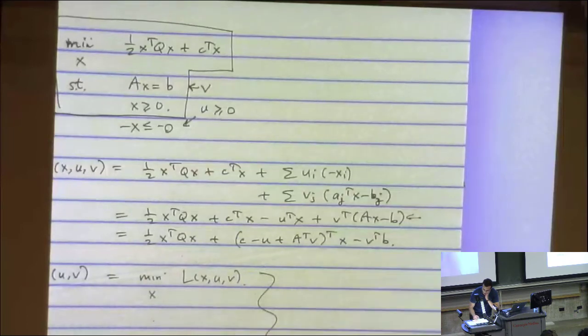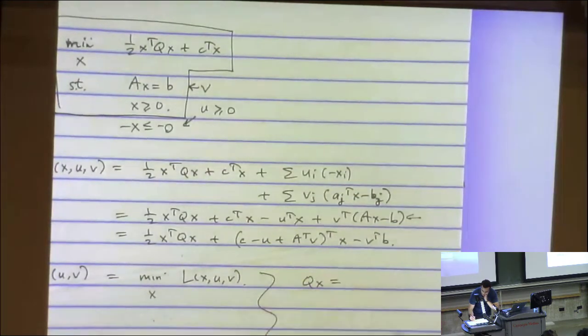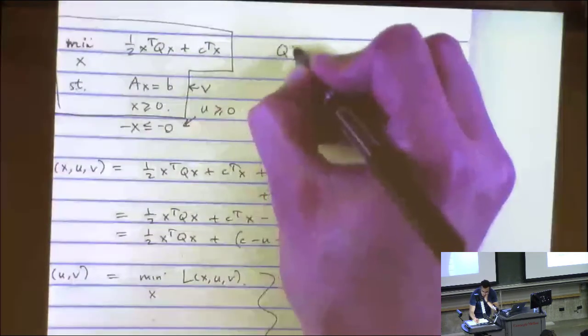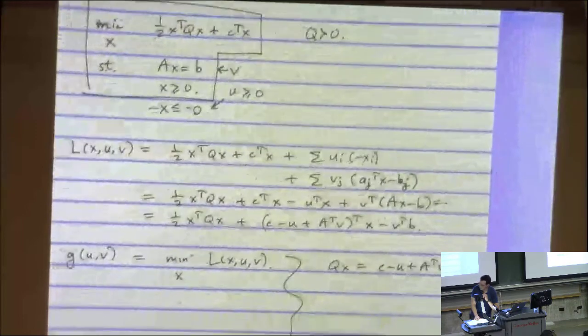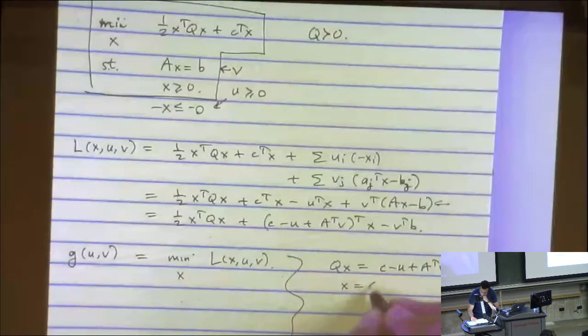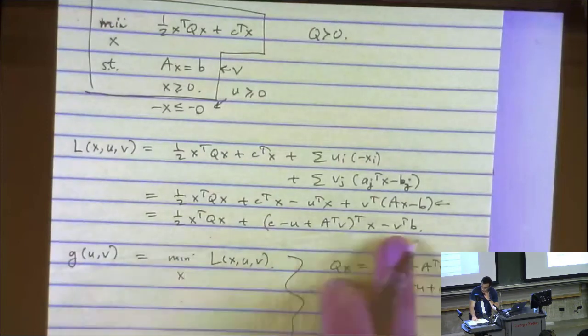If we take the gradient, set it equal to 0, we get that Qx should be equal to c minus u plus A transpose v. Here I suppose it's important to mention that I am assuming that Q is strictly positive definite, so it has an inverse. So the solution is just Q inverse (c minus u plus A transpose v). That is the minimizing x here.